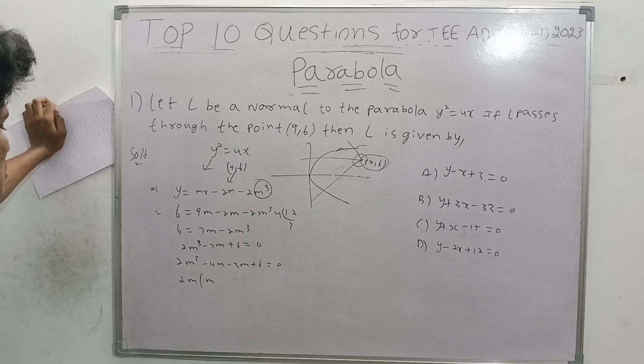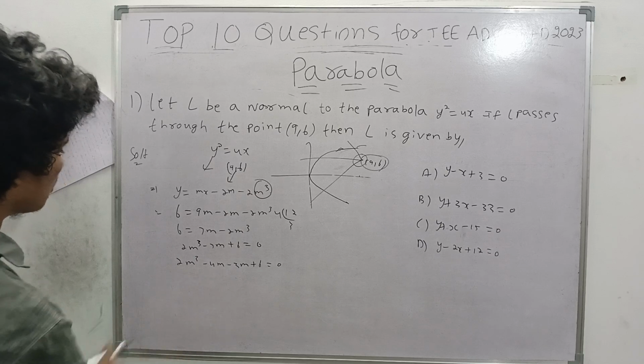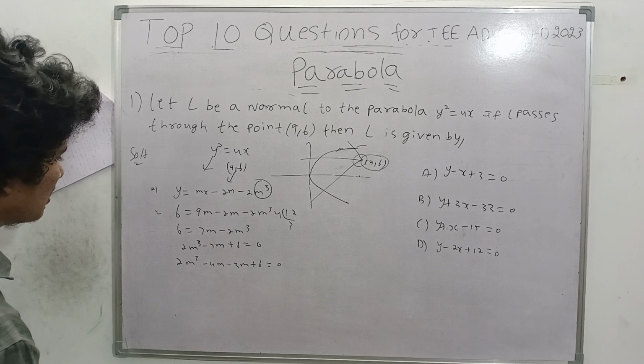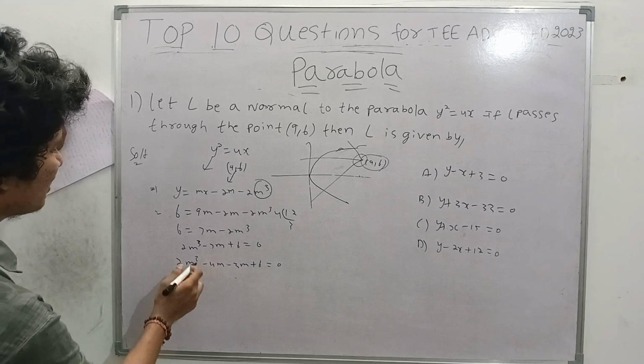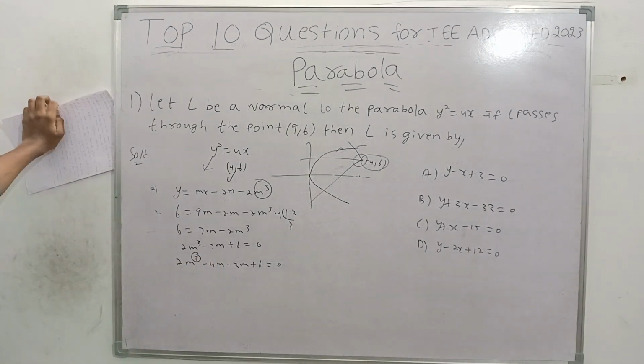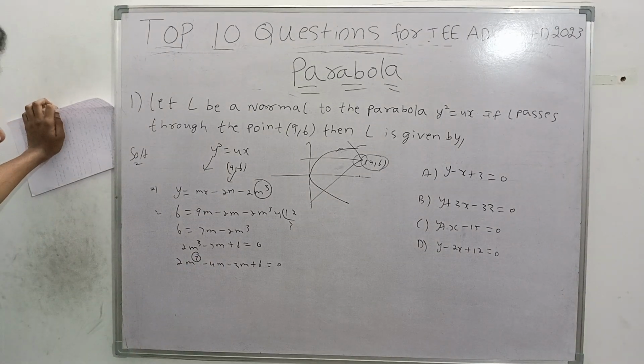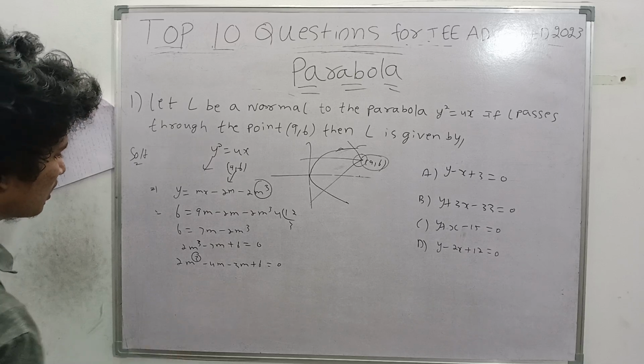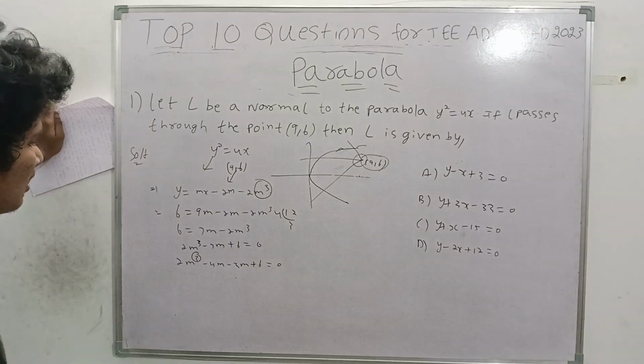When we take common, it is a cubic polynomial, but we have to find the square term. When we substitute the point 9, 6, this is what we got. 4 threes is 12, yes, it is correct.